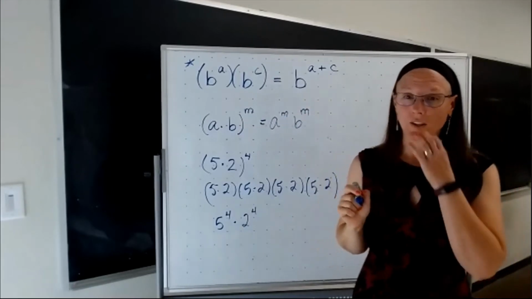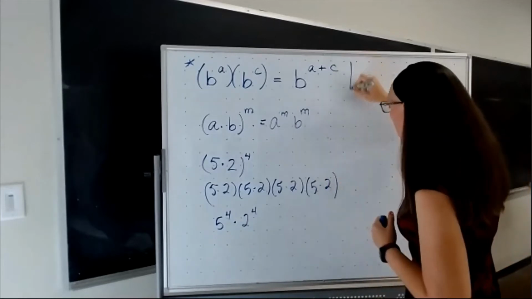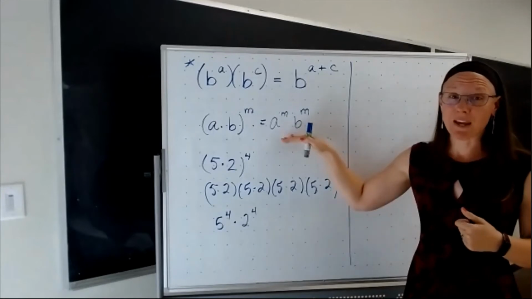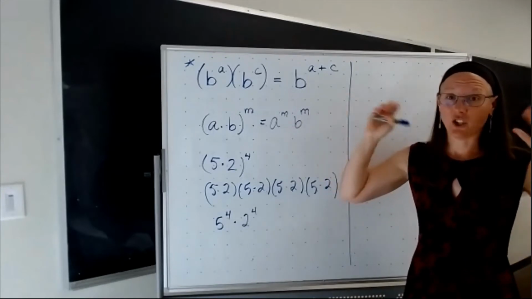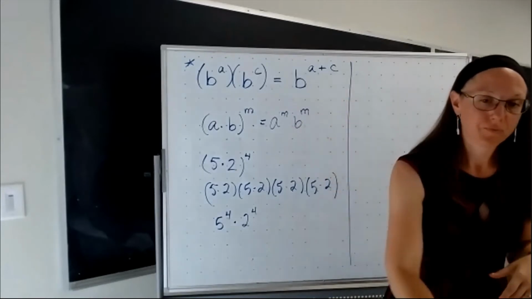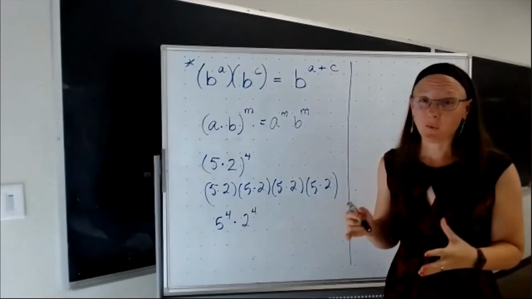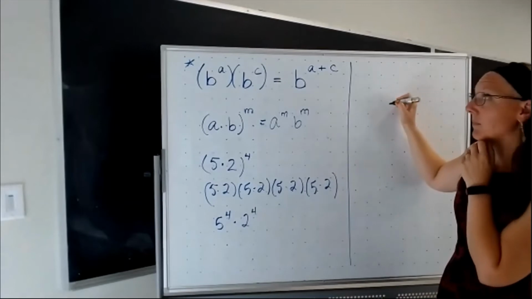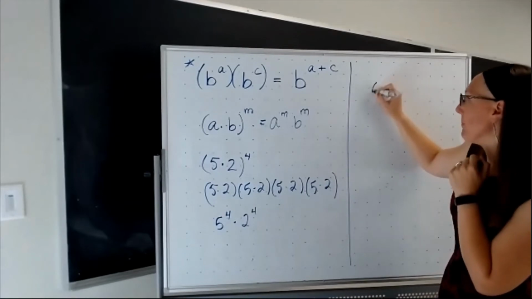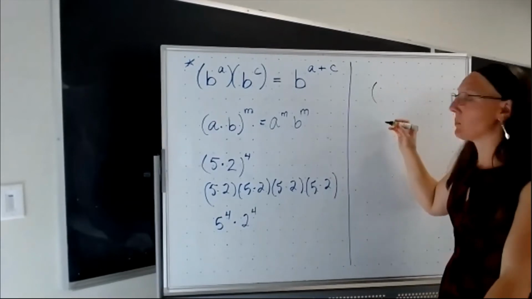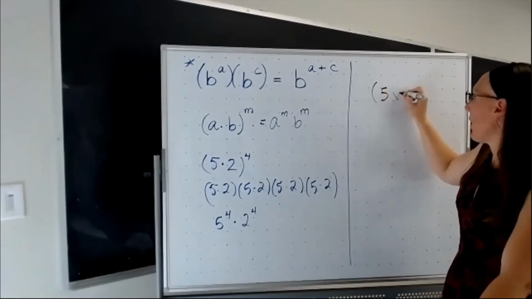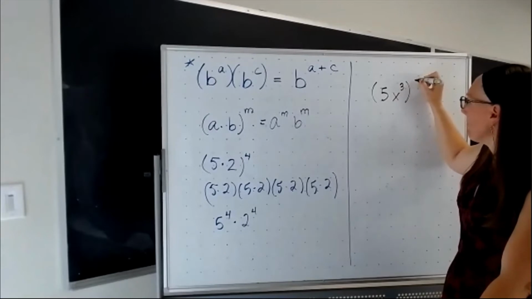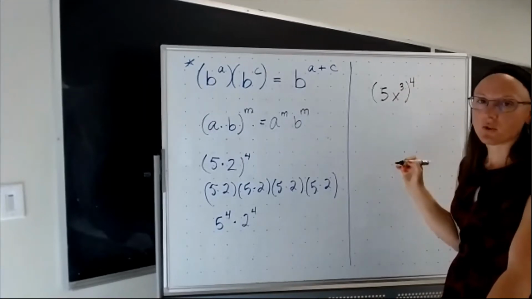Now I'm going to pause for a second, because the number one place where calculus students make mistakes on this is the difference between writing something like 5x cubed to the 4th.